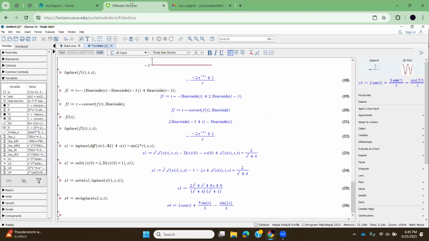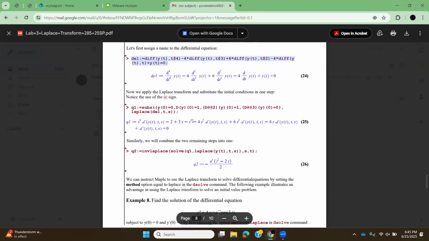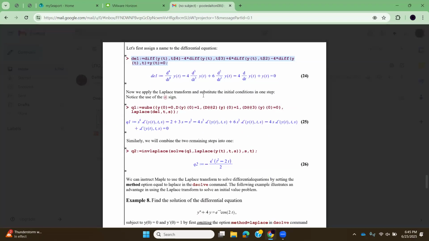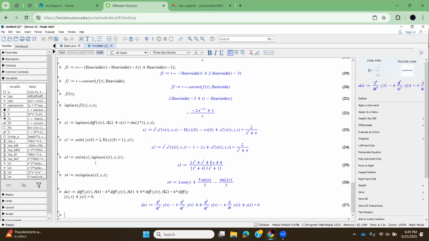Cool. So we'll go ahead, paste that, boom. And then we want to do the Laplace transform and substitute in one step. So let's copy this and then break it down.